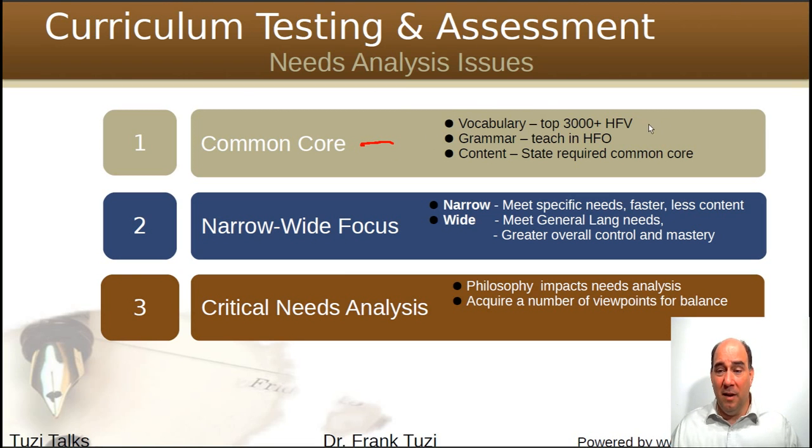So, for example, there is vocabulary, and I typically go to 3,000, although you can go as low as 2,000, of the highest high-frequency vocabulary, most frequently used words. Okay, high-frequency vocabulary are the vocabulary that you should focus on first. Make sure that your students learn that first.